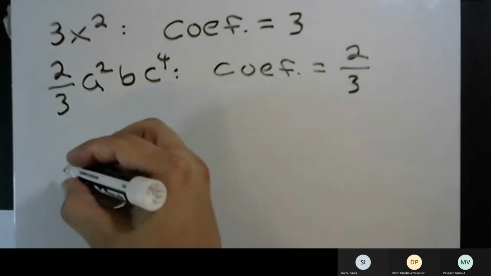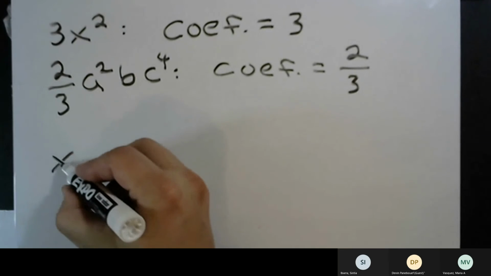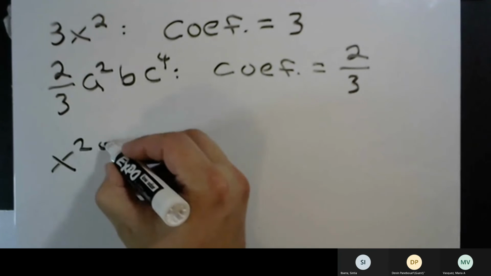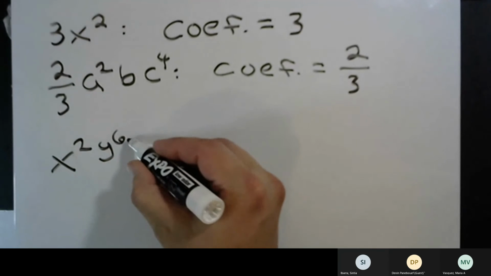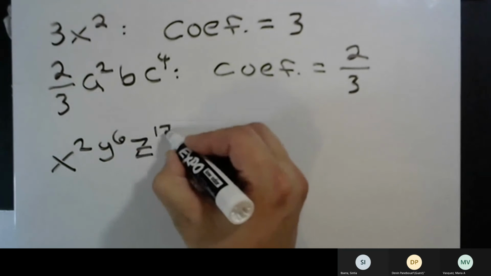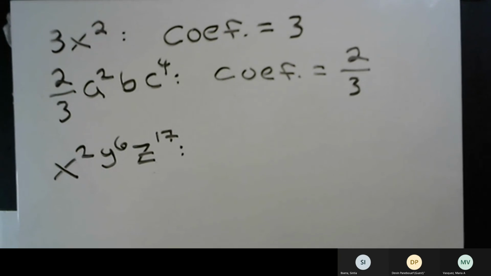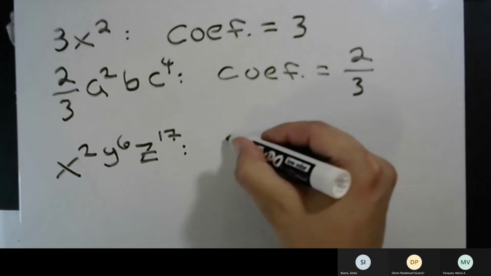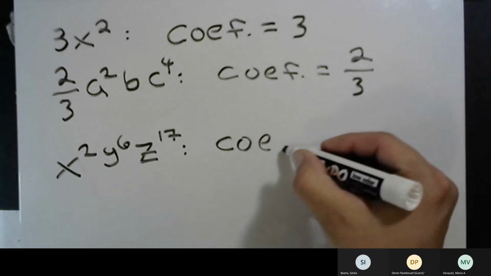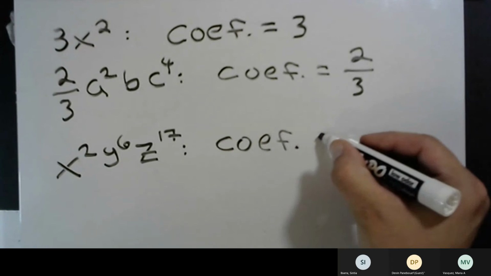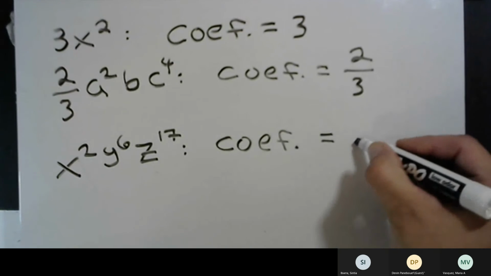And again, we see something like this. Even though there's no number written in front, there's going to be that invisible 1. So in this case, the coefficient is going to be equal to 1.